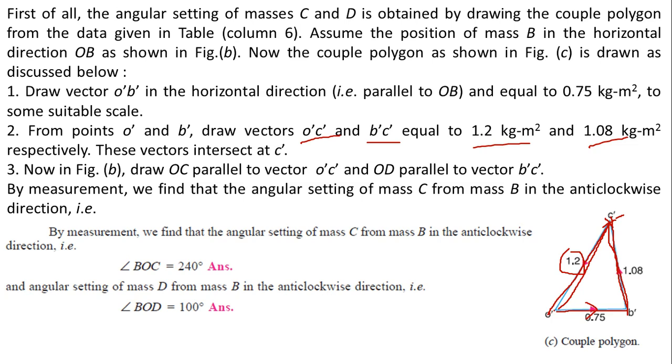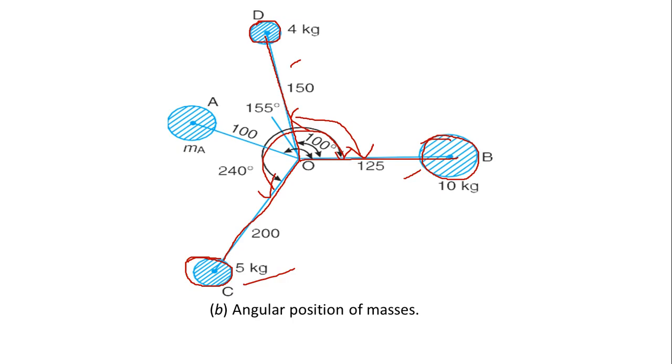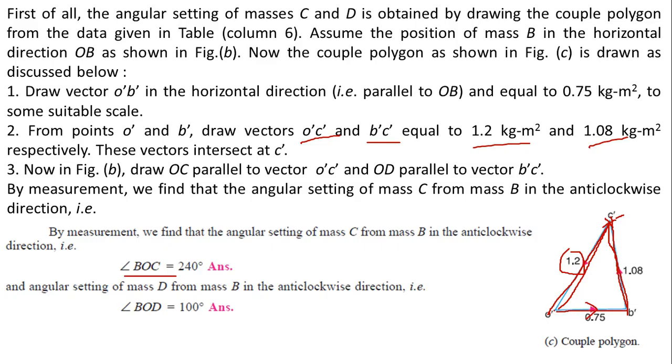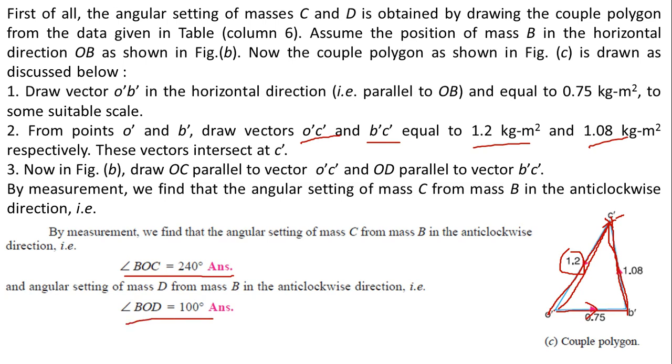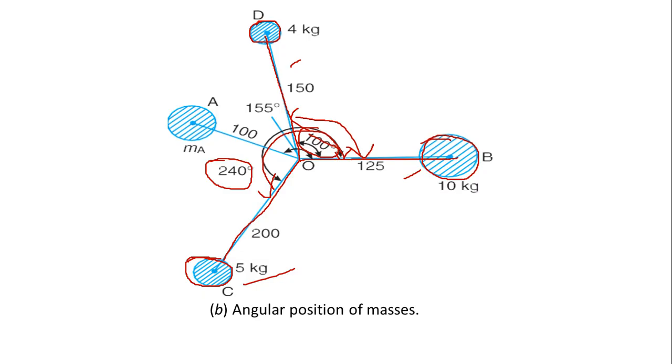By measurement, you will get angle BOC as 240 degrees, and the angle measured from BOD here will be 100 degrees. So these are the angles you get by measurement. This is the first step, you have to transfer it in the space diagram. So you can get the angular positions of all these masses.